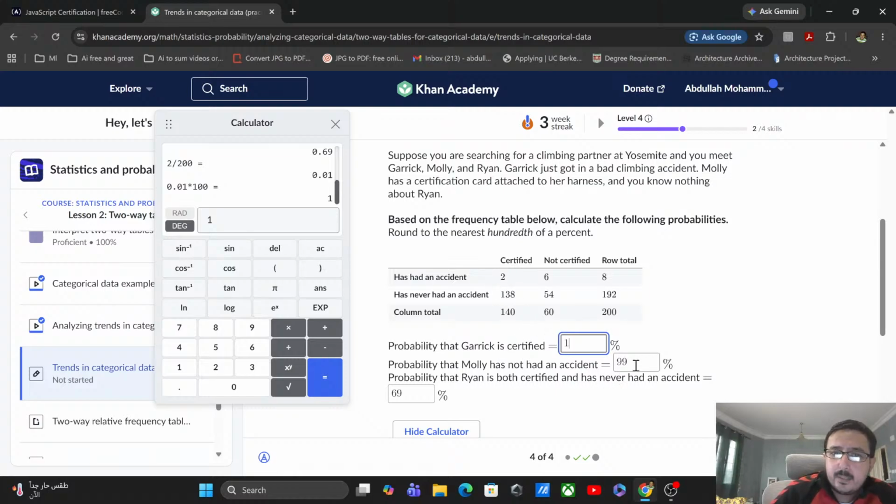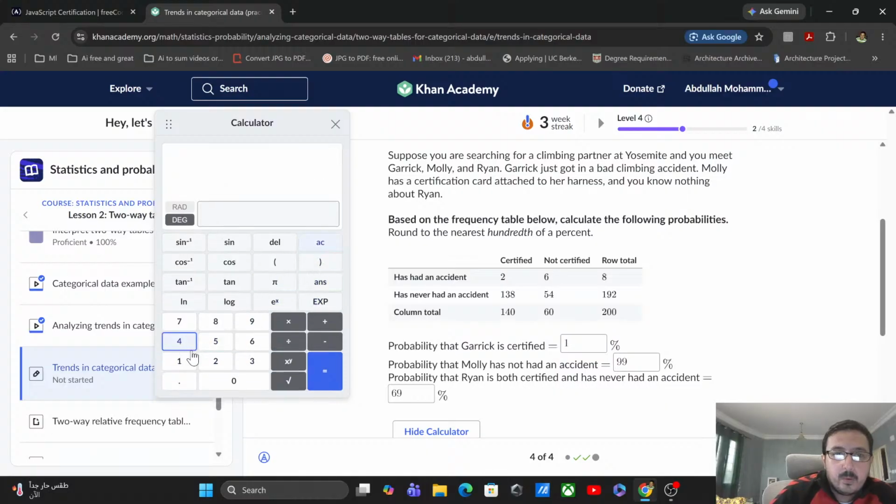Probability that Molly has not had an accident. Molly is certified, so she has not had an accident: 138 out of 200. 69 again.